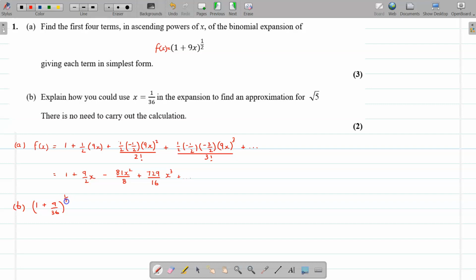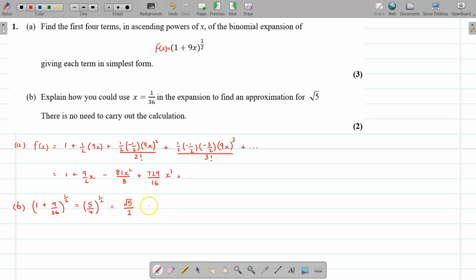Okay, and that of course is 1 plus a quarter, and that's therefore 5 quarters to the half. Okay, and that in turn is equal to root 5 over root 4, which of course is root 5 over 2. Okay, so now you can see that if you used 1/36 as x, it would give you an approximation of root 5 over 2.